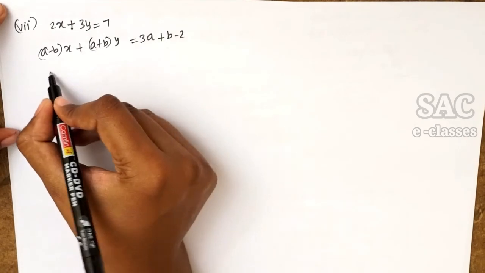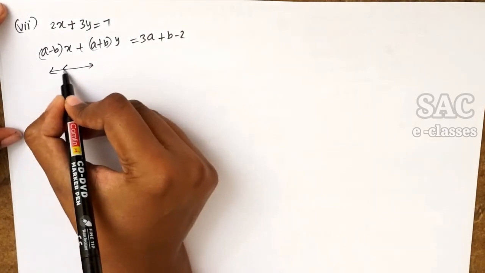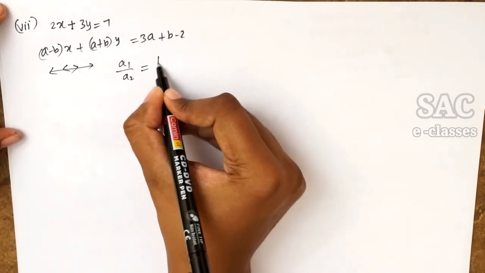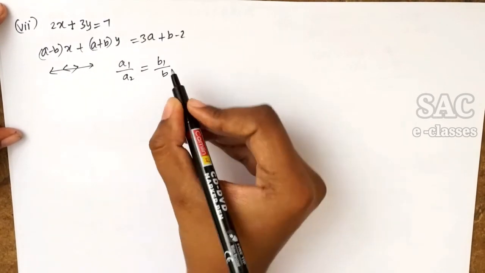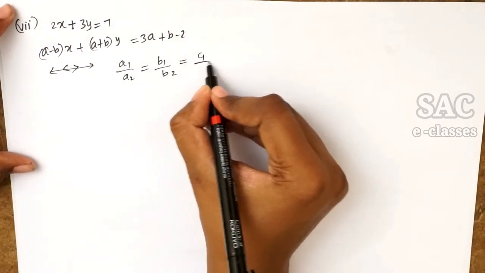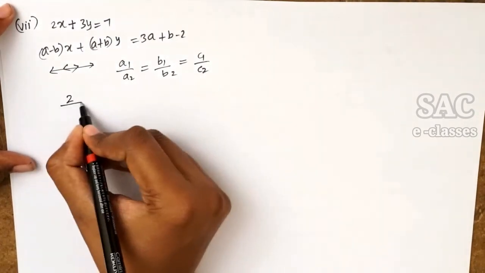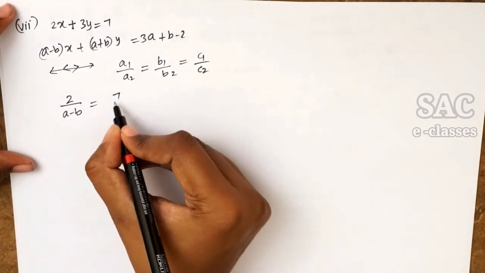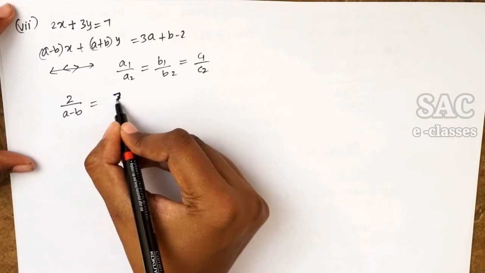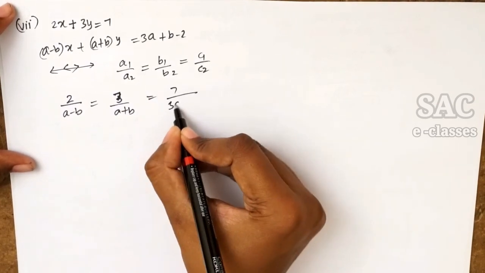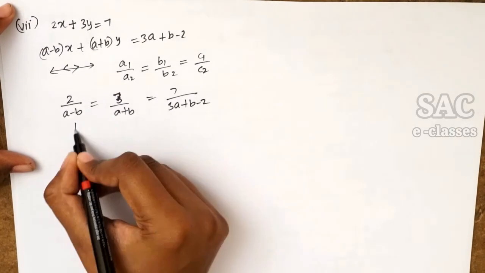Means they may be coincidental. And can you tell me the condition for any two lines being coincidental? It is a1 by a2 is equal to b1 by b2 equal to c1 by c2. Then 2 by a minus b, where 3 by a plus b equal to 7 by 3a plus b minus 2.